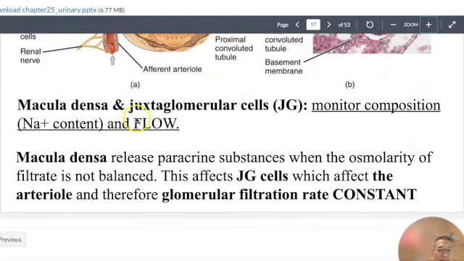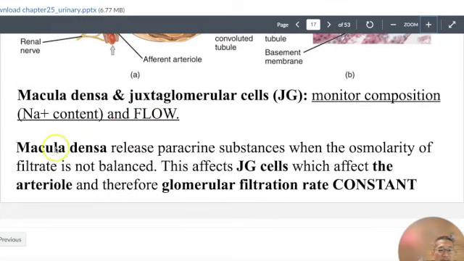The macula densa and juxtaglomerular cells monitor the sodium composition and the flow of your blood. The macula densa is a special cell that releases a paracrine substance when the osmolarity of the filtrate is not balanced. This affects the juxtaglomerular cells, which affects the arteriole, therefore keeping the glomerular filtration rate constant.